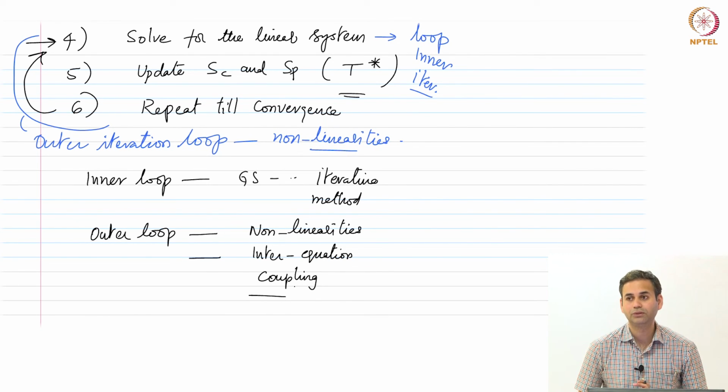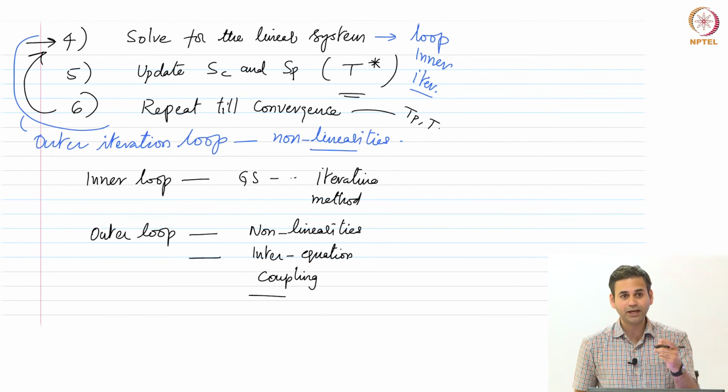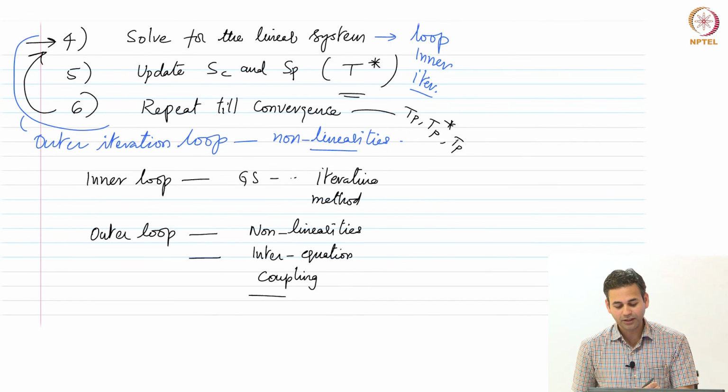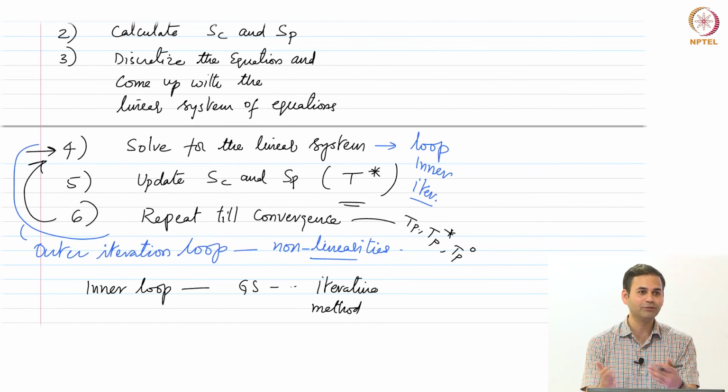Yes, questions? You have to check for convergence. You will always check between TP and TP star, and there is also another one, TP old. There is one TP star to check for convergence of the inner loop, but there is one more, TP old, that is what you started off with. If you check only TP and TP star and everything is fine, you would just come out, but that is not correct.